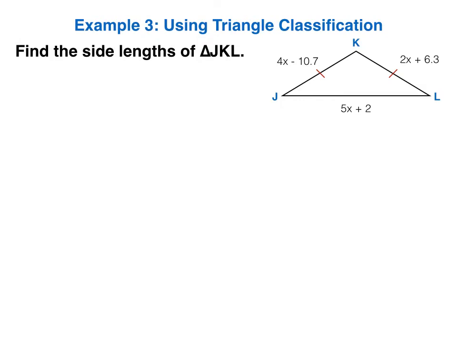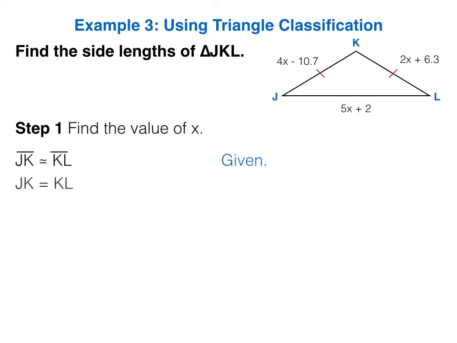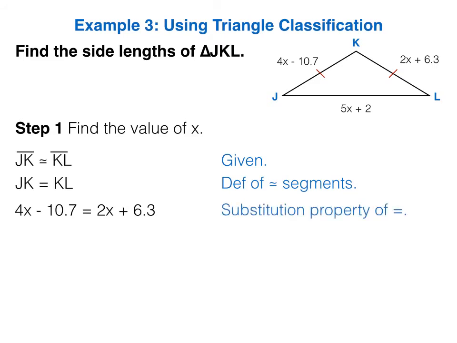Finding the side lengths. So we're going to find the side lengths of triangle JKL. Now from the picture, we can see that JK is congruent in measure to KL. This means that the measure of JK is equal to the measure of KL. So by the substitution property, we can replace those with their expressions, and then we solve for x using algebra.